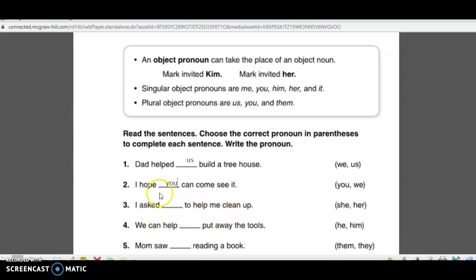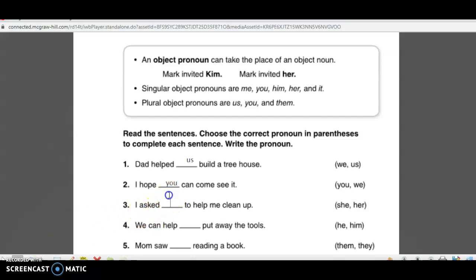So what would we use for our object pronoun in the predicate? Remember to come up here. What words are our object pronouns? Me, you, him, her, and it. Rewrite sentence number 3 with the correct object pronoun. You can pause to rewrite number 3.